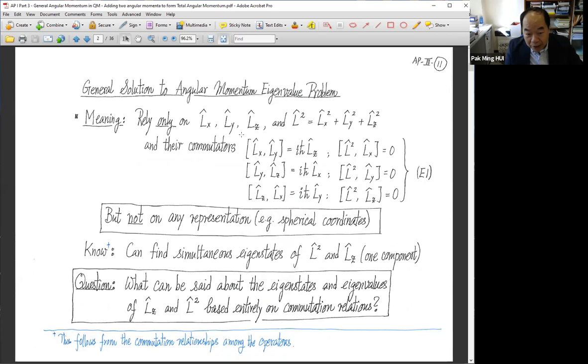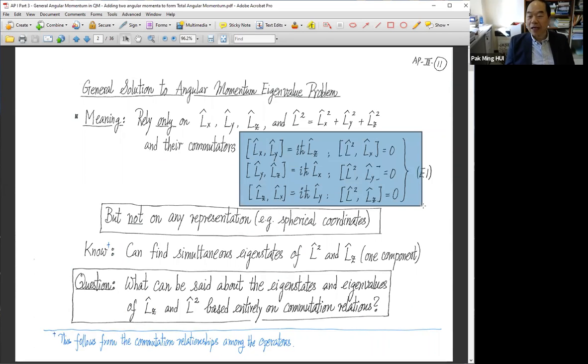We will base entirely on these 6 commutation relations relating the x, y, z components of a 3-dimensional vector that we will call some angular momentum, whatever the realization may be. The x, y, z components and the magnitude square.